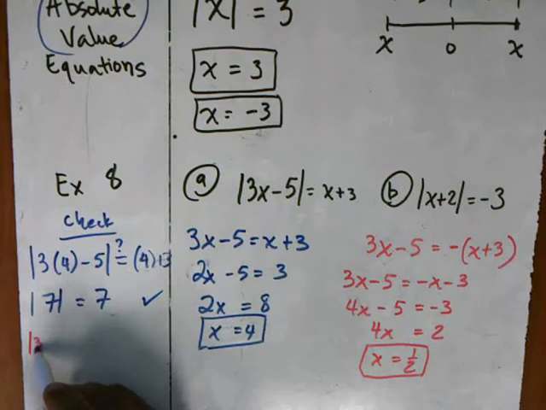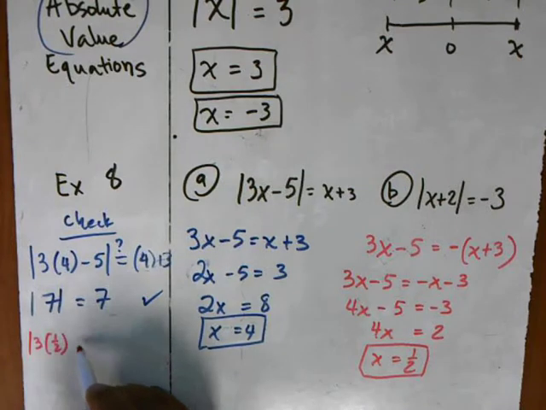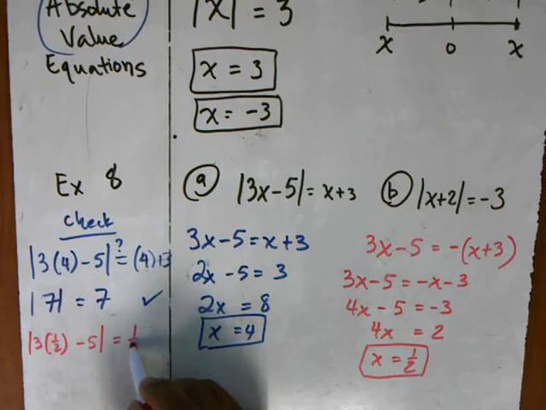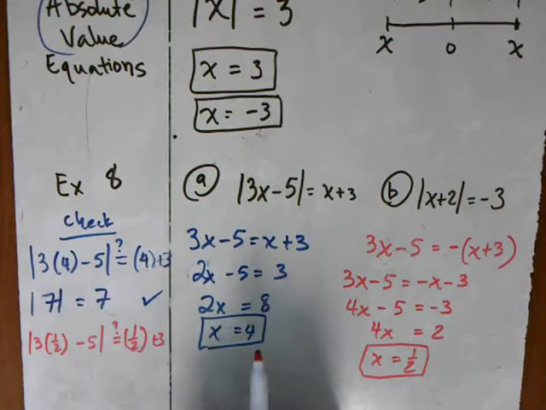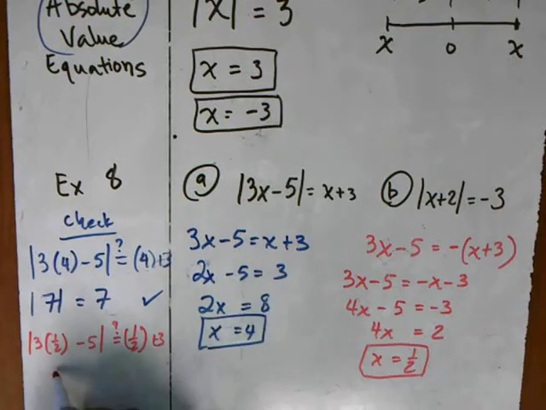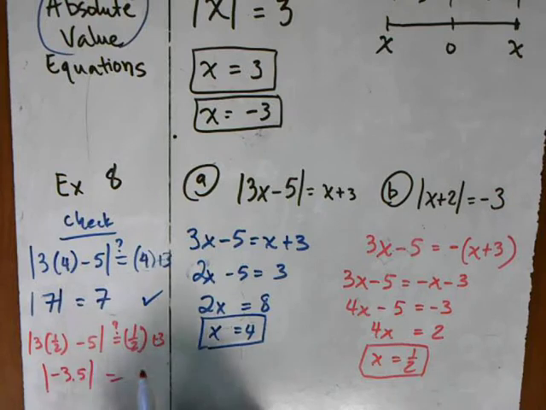Is the absolute value of 3 times 1/2 minus 5 equal to 1/2 plus 3? This is 3/2 minus 5, so that is going to give me negative 3.5. Okay. And that is in fact equal to 1/2 plus 3, because that's also 3.5. So that's good, that's working. So all of our examples have worked so far.